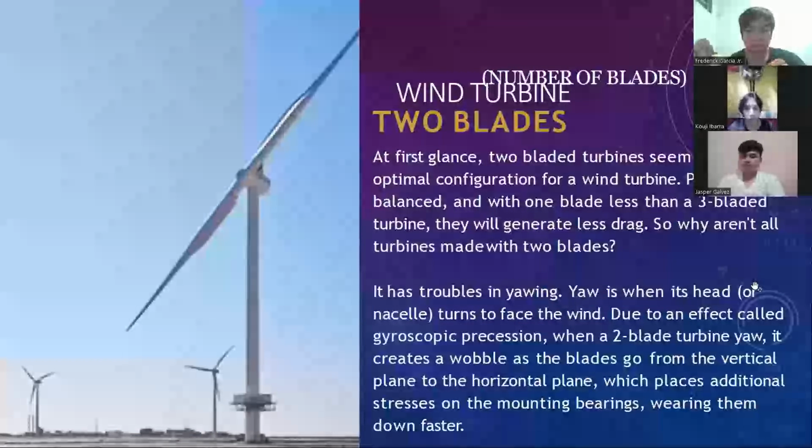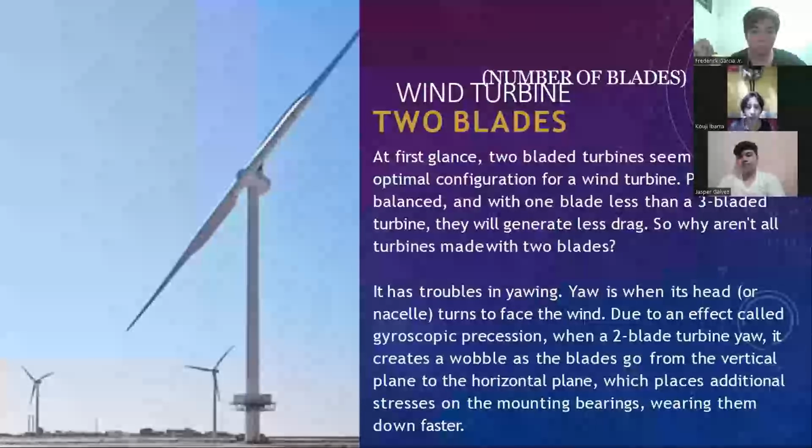Two blades. At first glance, a two-blade turbine seems like the optimal configuration for a wind turbine. It is perfectly balanced and has one blade less than a three-bladed turbine, so it will generate less drag. So why aren't all turbines made with two blades? The answer is that it has troubles in yaw.